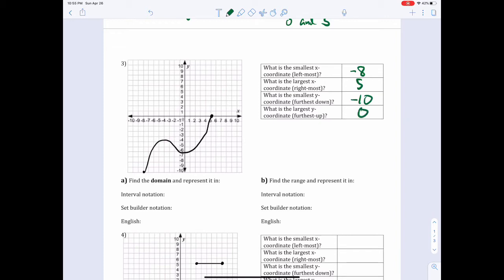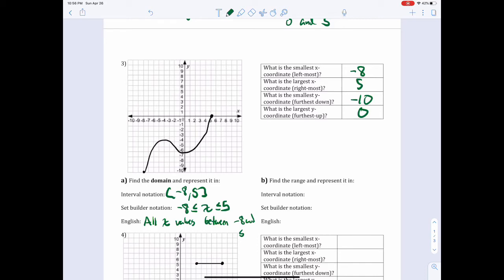So the domain is going to be from -8 to 5, all those x values. -8 less than or equal to x less than or equal to 5. So all x values between -8 and 5, and really should be -8 and 5, including those, inclusive, because those are firm points.